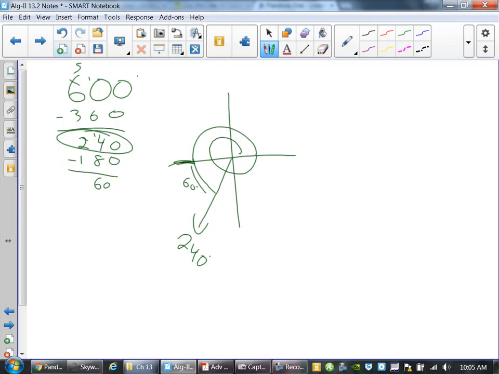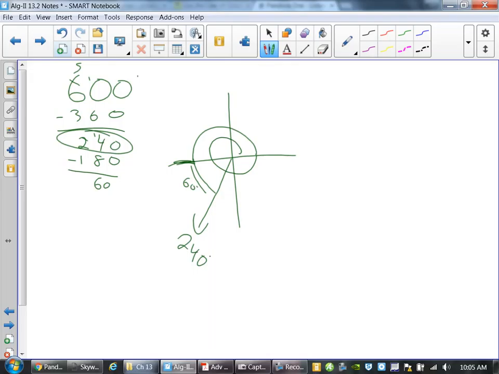Just like these guys mirrored themselves across the quadrants, a 60-degree angle mirrors itself across the quadrants, and those ordered pairs just change signs, S-I-G-N. They change signs as they go around.